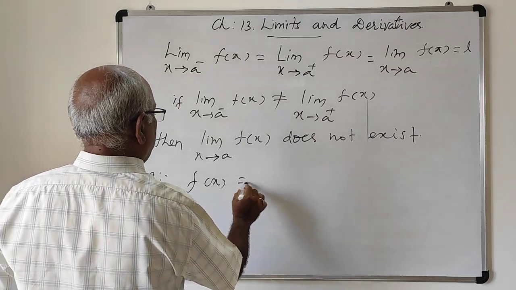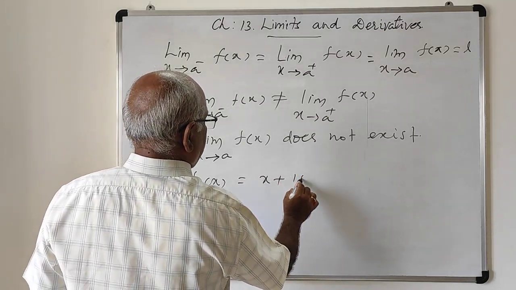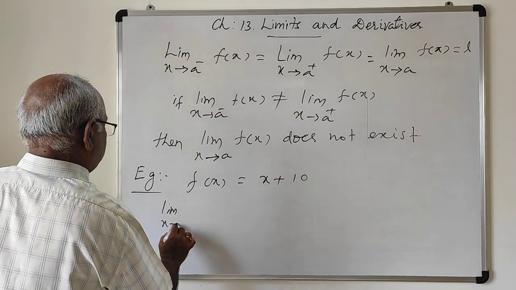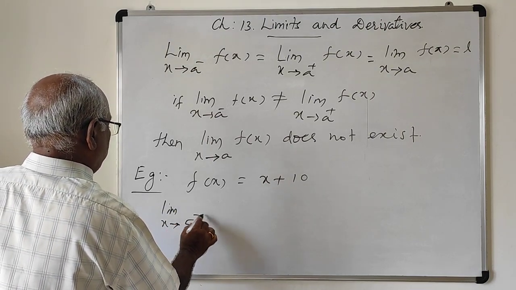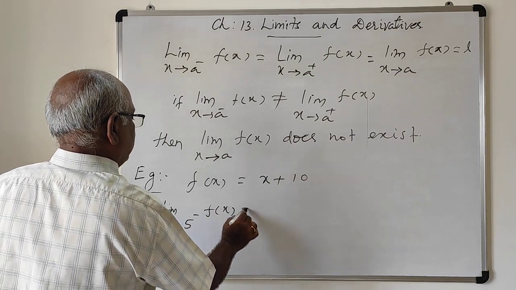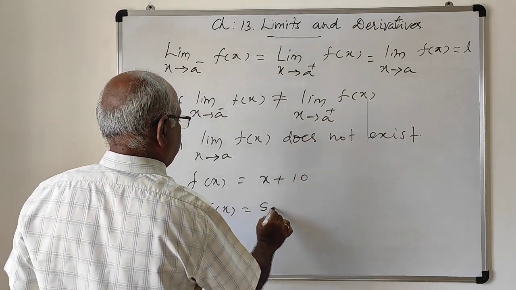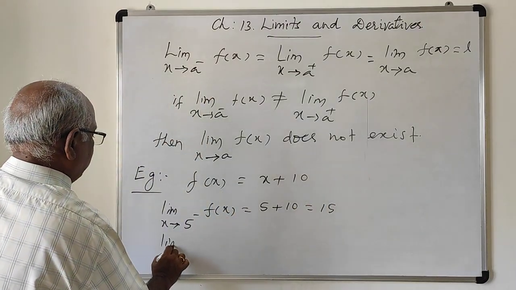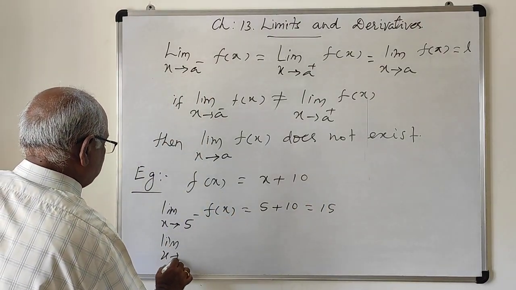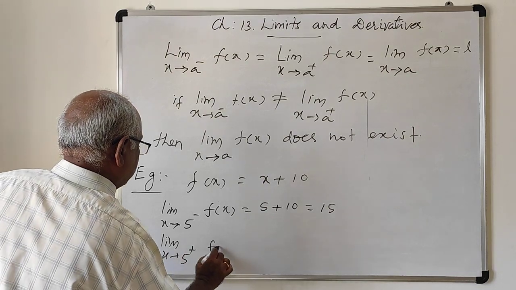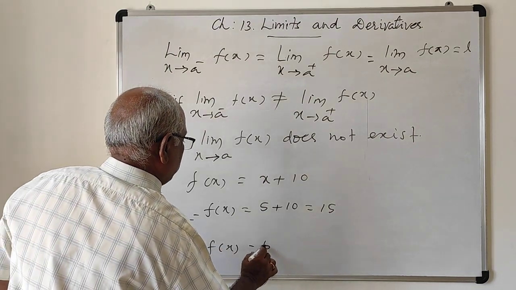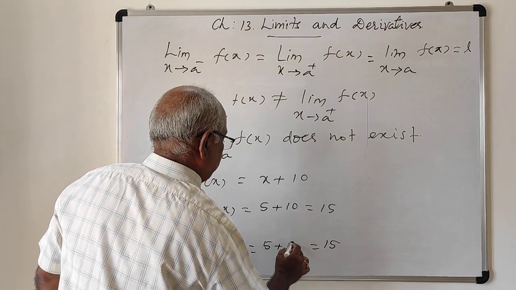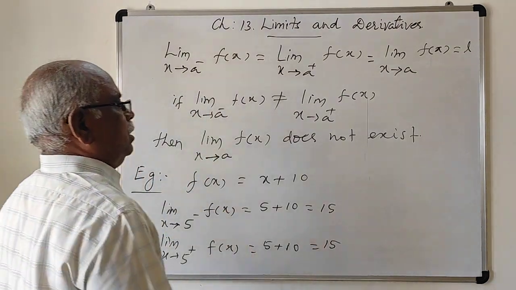If f of x equal to x plus 10, limit x tends to 5 minus f of x is equal to 5 minus, approaching 5, plus 10, that is equal to 15. Similarly, limit x tends to 5 plus f of x is 5 plus 10, equal to 15. Both are equal.